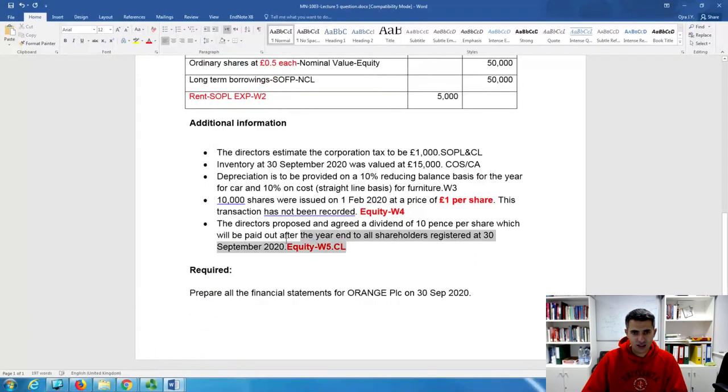In the last note, it mentioned that the directors proposed and agreed a dividend of 10 pence per share, which will be paid out after the year end to all shareholders registered as at 30th September 2020. So remember, we need to do working 5 in order to calculate the dividends.